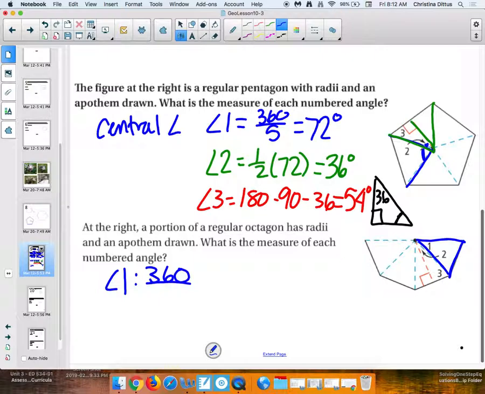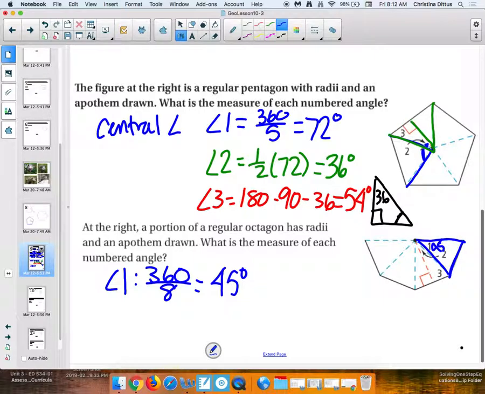Good thing the words tell us we got a regular octagon. Octagon means 8. So 360 divided by 8. Yeah, 45. So angle 1 is 45.